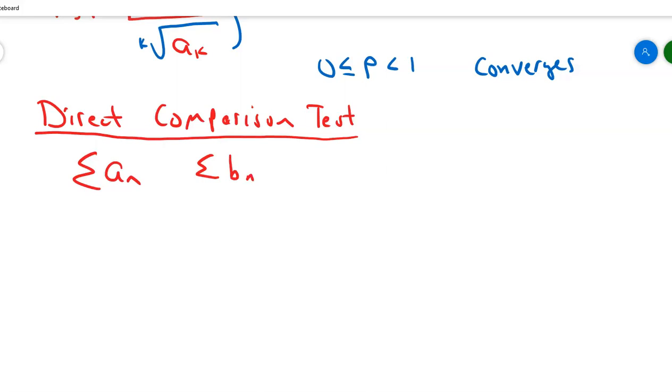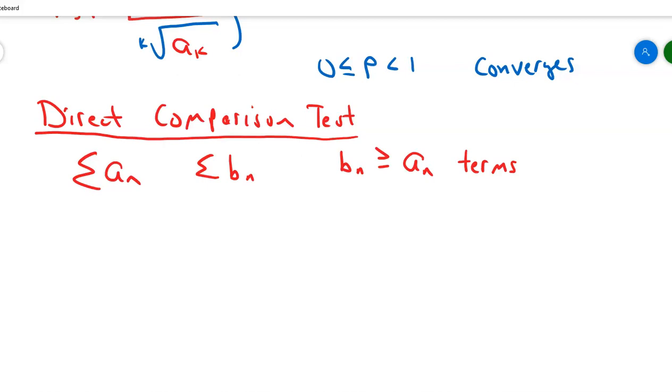They're going to be series of non-negative terms such that the b sub n terms are always greater than or equal to the a sub n terms, right? So one series has terms that are all bigger than the other series. All right, let's think about what this means in terms of a graph. Suppose you have 2 functions.